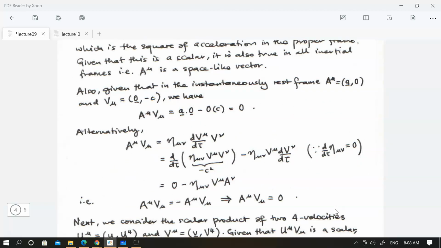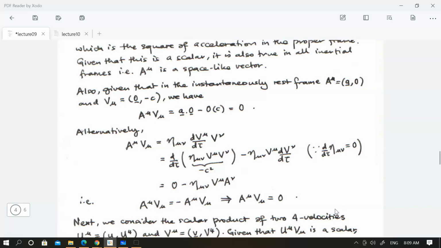And then finally, we showed that the contraction of your 4 velocity with the 4 acceleration will always give you 0. That means they are orthogonal in terms of space and time.